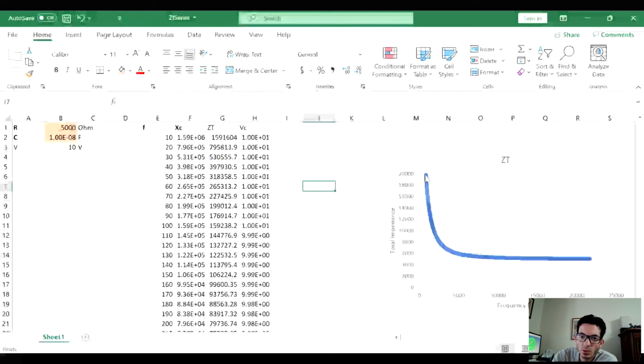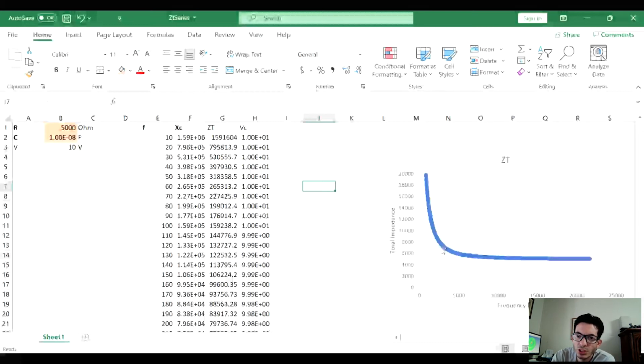At small frequencies, the system behaves as a capacitive system. In the large frequency range, the system is going to behave as a resistive system. So this RC series circuit has a capacitive and a resistive response.